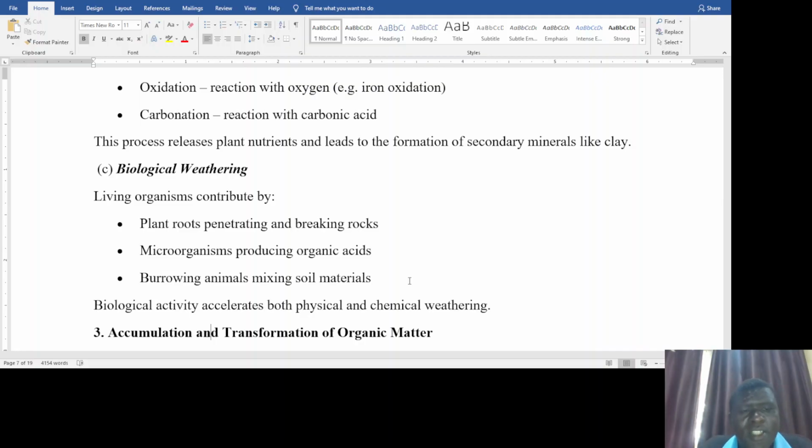There is another set of animals which are normally inhabiting the soil. They normally burrow through the soil, they live in the soil, and in the process of burrowing, they lead to the mixing of soil particles. They lead to aeration, which increases the oxidation processes.